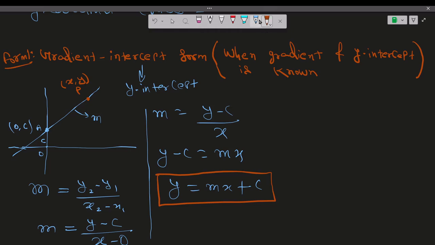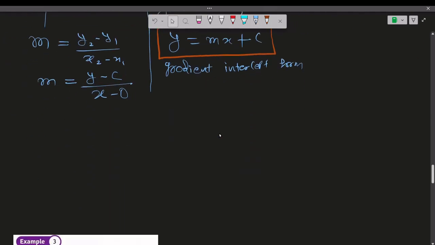So this form is called gradient intercept form. We will use this when we have the gradient of the line and the y-intercept of the line. Equation of the line will be y equals mx plus c.